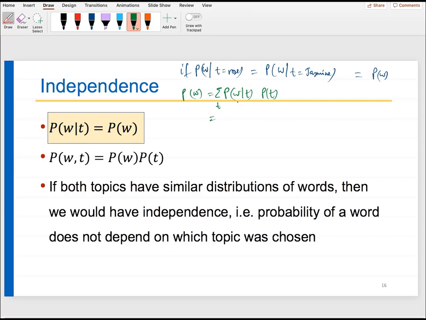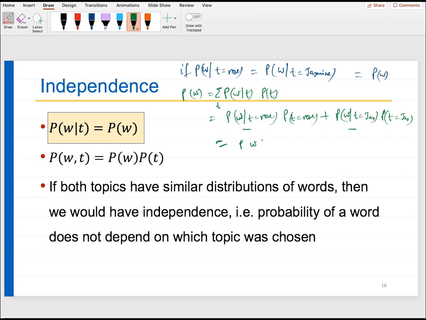And you can open up the T: probability of W given T equal to Rose, into probability of T equal to Rose, plus probability of W given T equal to Jasmine into probability of T equal to Jasmine. Now you know that these two quantities are the same. Take them out.